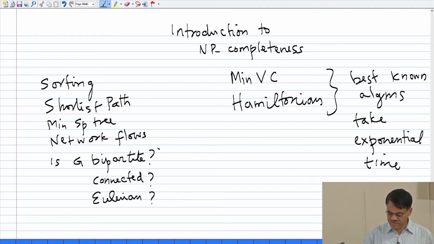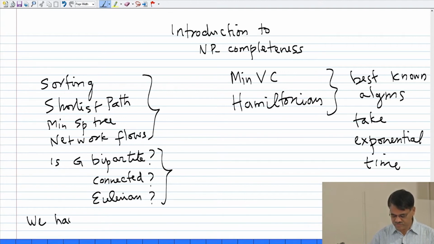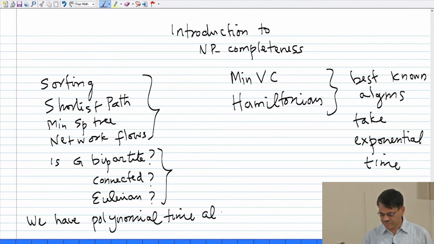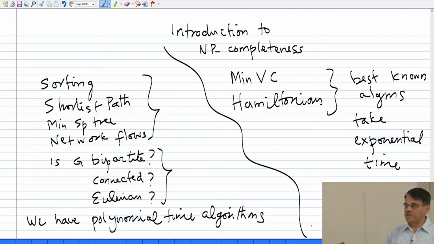And I want to separate this from the earlier group for some reason. So what we will look at today is more examples of problems for which we have only exponential time algorithms, and we will see some relations between them. Some connections between them is what is captured by this underlying notion of NP completeness.